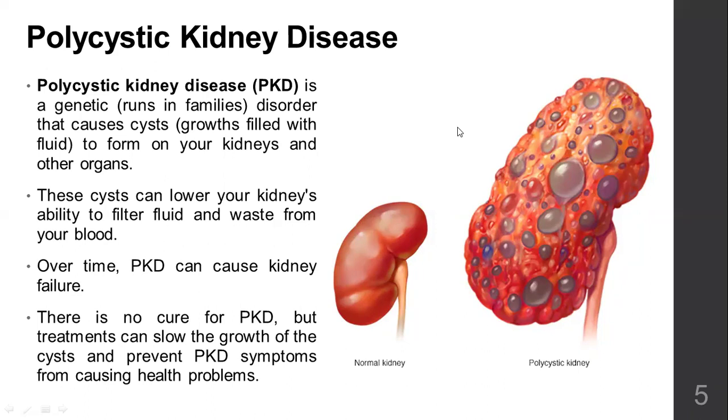These cysts can also lower your kidney's ability to filter fluid and waste from your blood, because in the area around the cyst, the nephrons will not function properly. Over time, polycystic kidney disease can cause kidney failure if not treated.